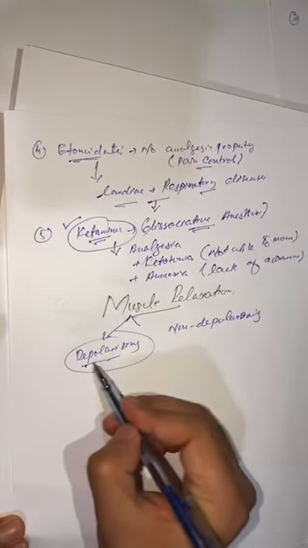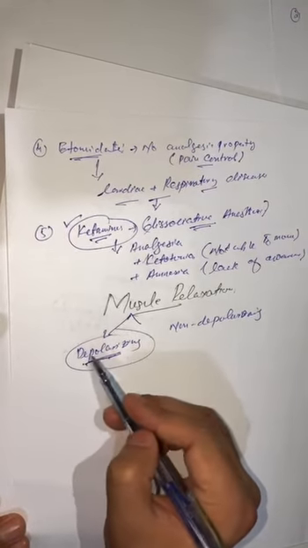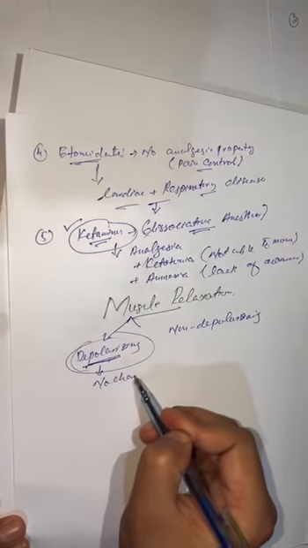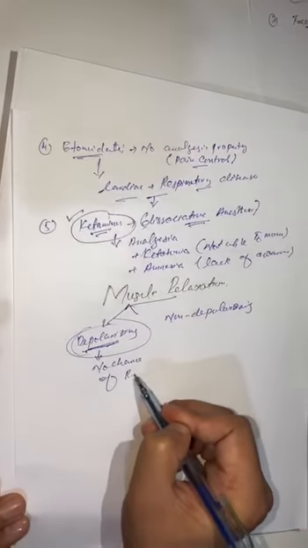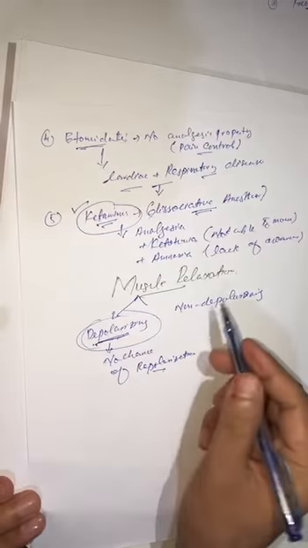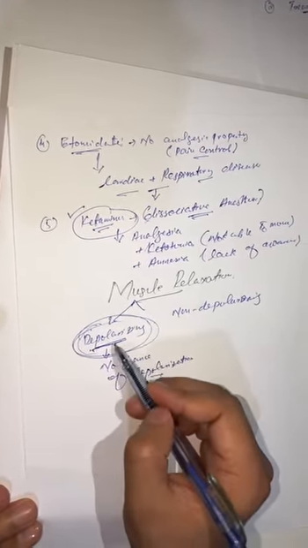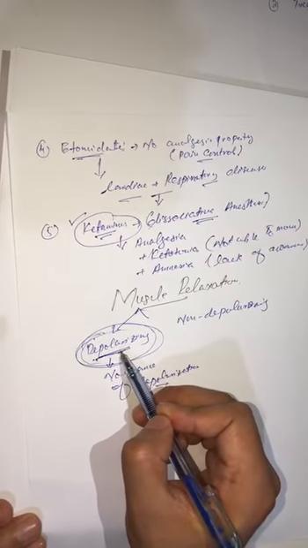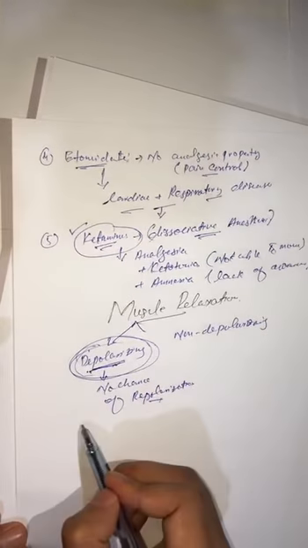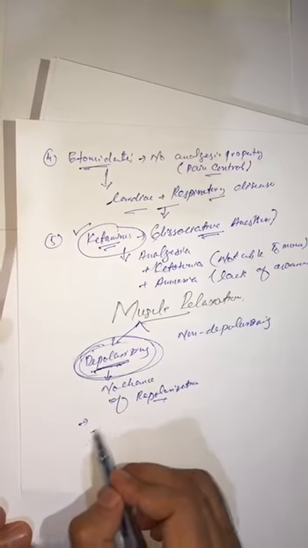Always remember, this depolarizing agent causes depolarization again and again, and there is no chance of repolarization. No repolarization means no chance of contraction. So there is no chance that the muscles contract and relax, but eventually the muscle gets tired and goes into the relaxed state. The best example of a depolarizing muscle relaxant is succinylcholine.